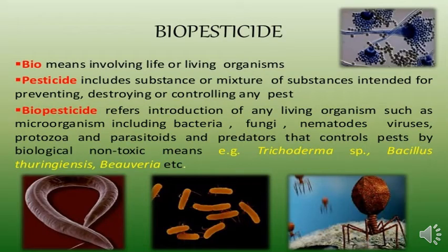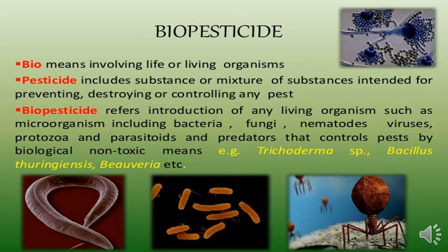At the end, we can now find in the market some pesticides known as biopesticides. Bio means involving life or living organisms. Pesticides include substances or mixtures of substances intended for preventing, destroying and controlling any pest.